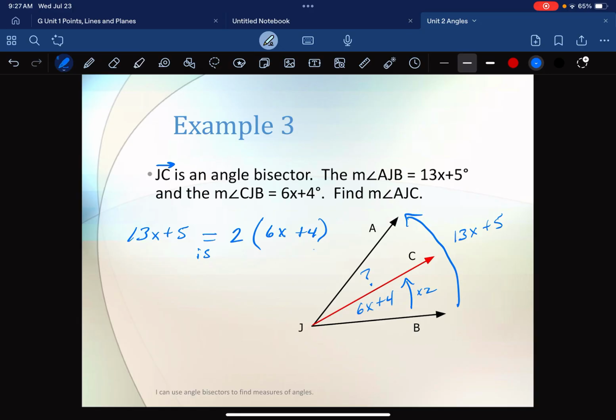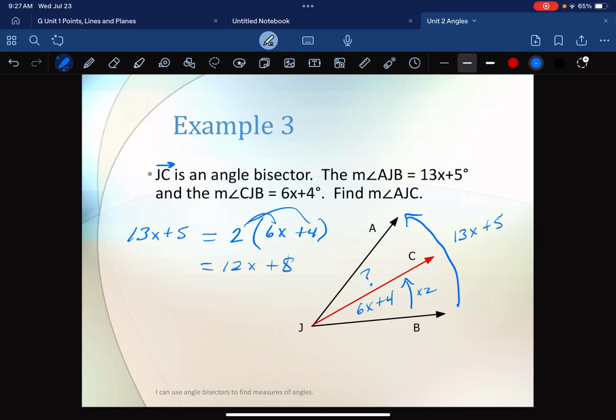So I'm going to write that equation out here. And so whenever you say is, that's always where your equals go. So if you say the large angle is twice the smaller angle, then I just put in the expression. The larger angle was 13x plus 5 equals 2, and the smaller angle is 6x plus 4. And let's go ahead and solve that. So I got to start by distributing: 12x plus 8.